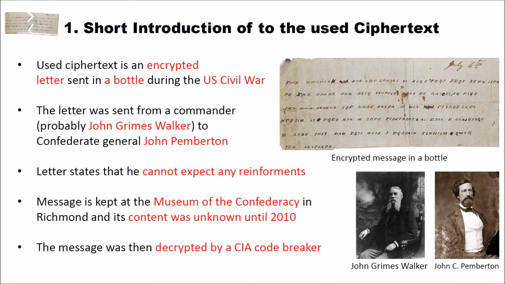And this message here was kept at the Museum of the Confederacy in Richmond, and its content was unknown until 2010. Clearly it's broken now. And the message was then decrypted in 2010 by a CIA codebreaker. And of course, on the right side you can see John Grimes Walker, who's probably the sender of that message, and you can see General John Pemberton on the right side here.